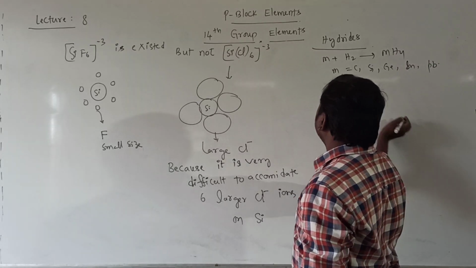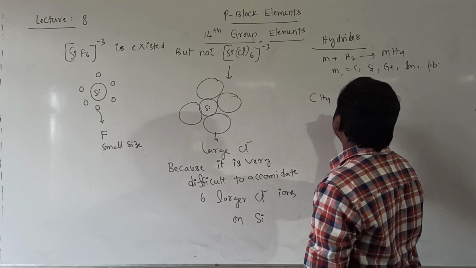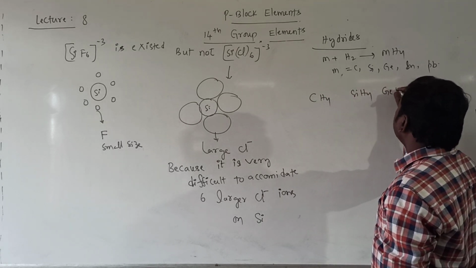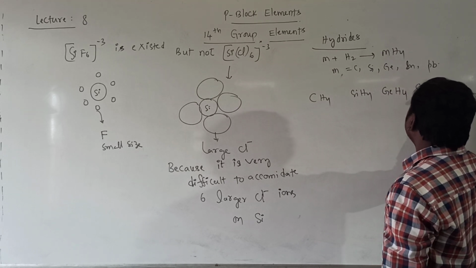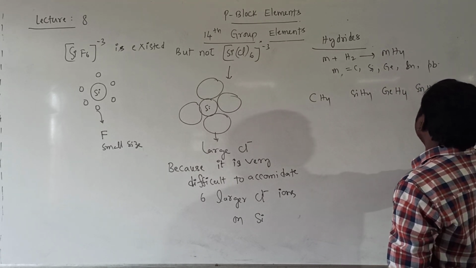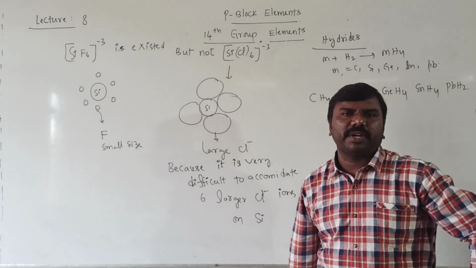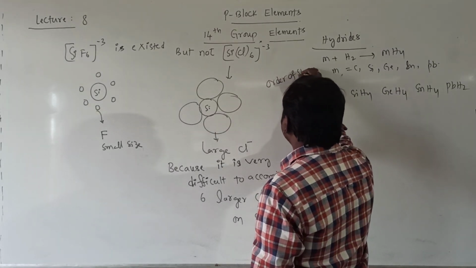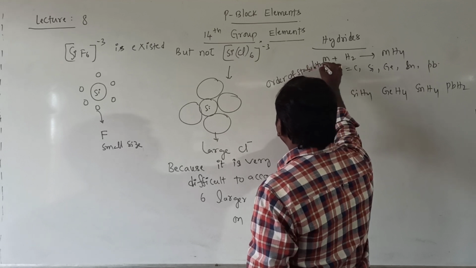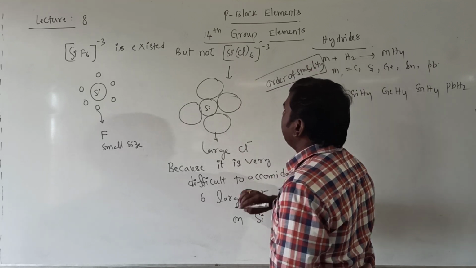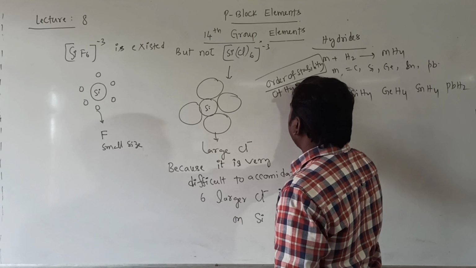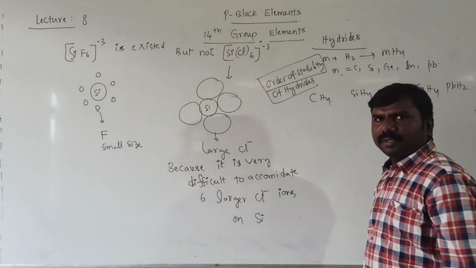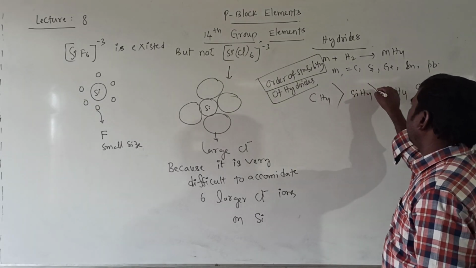So for example, M equal to carbon, CH4, next SiH4, next GeH4, SnH4, next PbH2 only possible because of inert pair. Order of stability of hydrides is very good. Methane greater than.